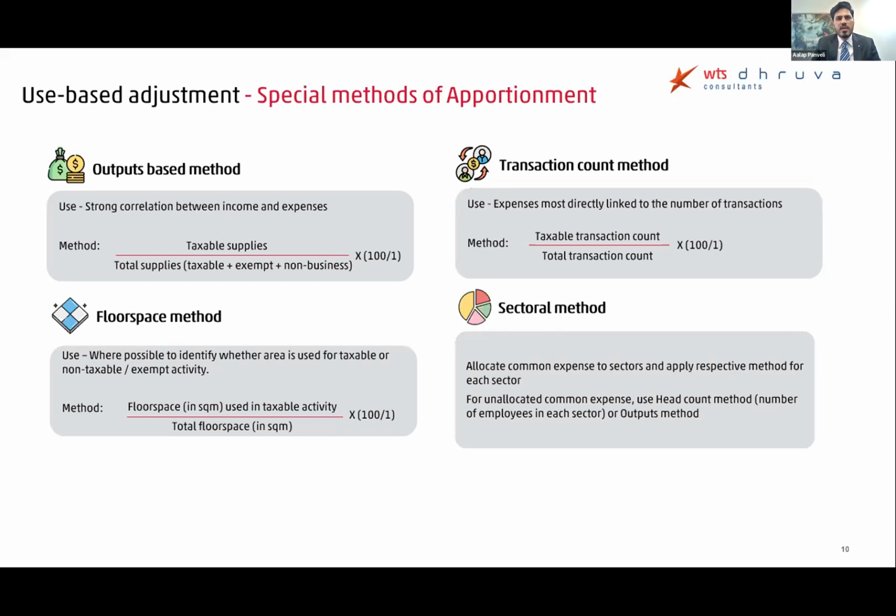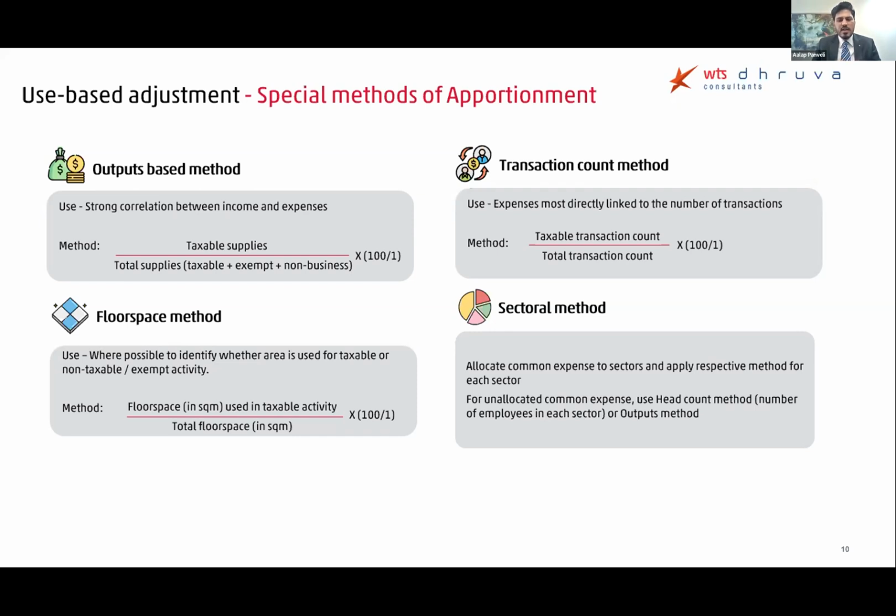The fourth method is the sectoral method. This is typically for large businesses, say a tax group with 20 entities, a conglomerate, where every entity has a different kind of business. So for example, if a group has residential as well, financial as well, some retail as well.